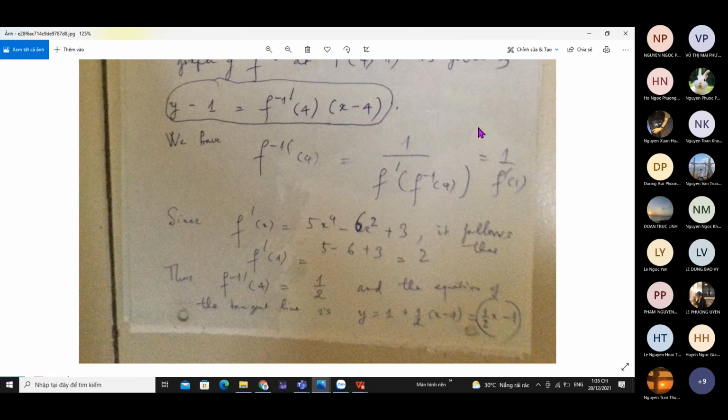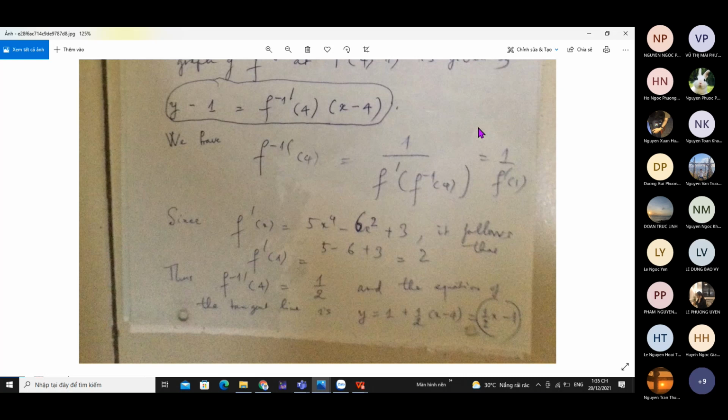The derivative of f inverse at 4 equals 1 over the derivative of f at f inverse of 4. And f inverse of 4 here equals 1, because f of 1 equals 4. So all we have to do here is evaluate f prime of 1. The derivative of f at 1 is so easy. It gives you the number 2.